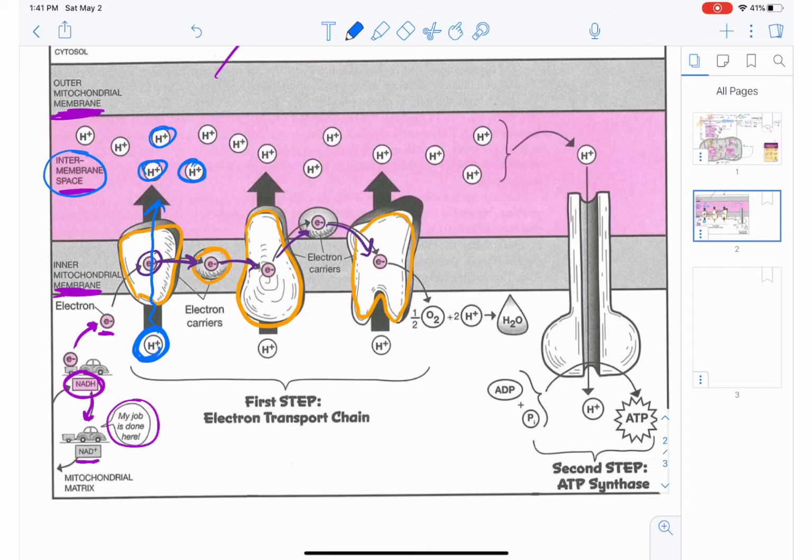So now what we have is a concentration gradient of hydrogen in the intermembrane space. And this represents potential energy. We have a buildup of hydrogen ions that's just waiting to diffuse from an area of higher concentration to an area of lower concentration.